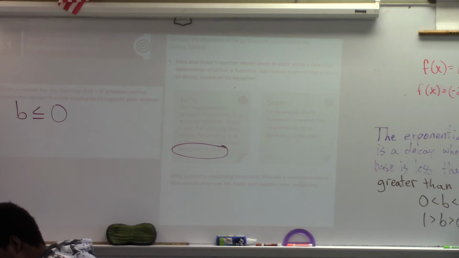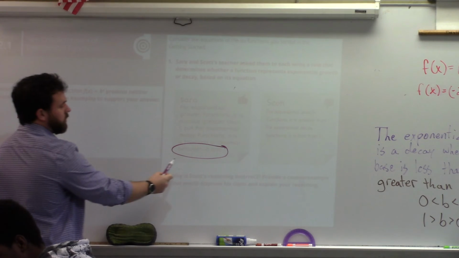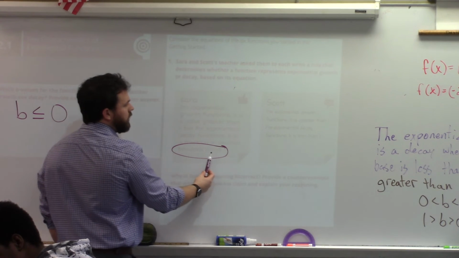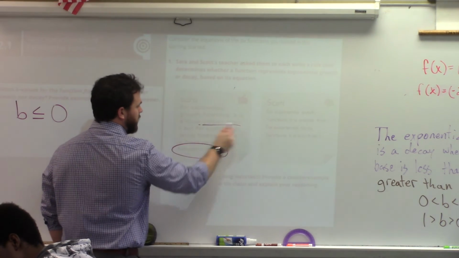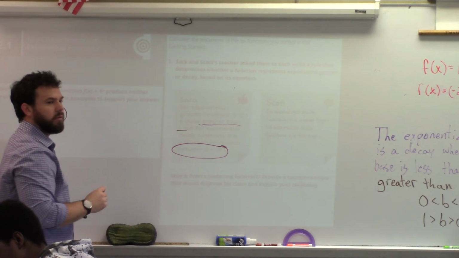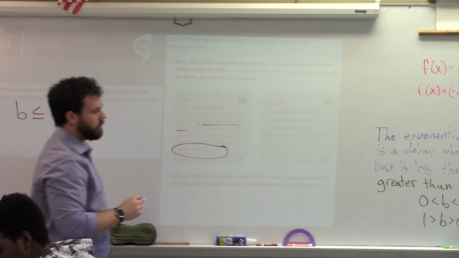Is there any other number that we have not talked as heavily about, it's come up a couple times, but is there any other number that would not produce a growth or a decay? Well, infinity's not necessarily a number, but remember, certain decimals fall between 0 and 1, so that would be a decay. And if it's greater than 1, it's a growth. Pi?